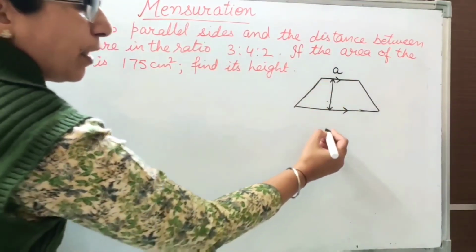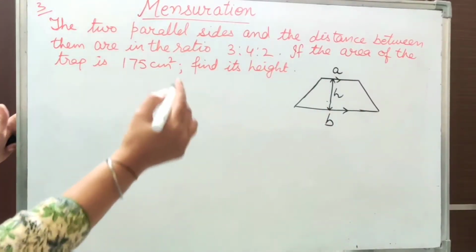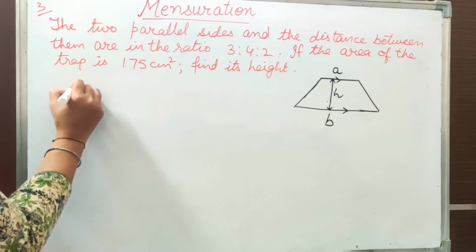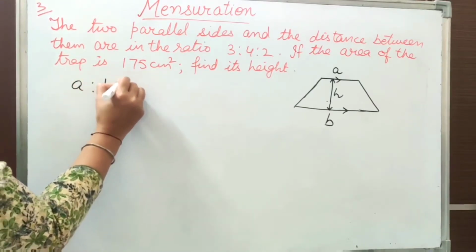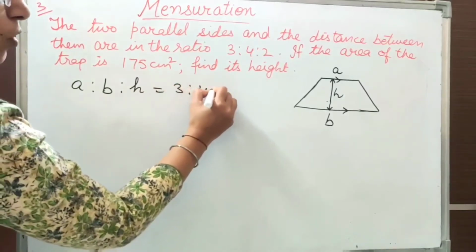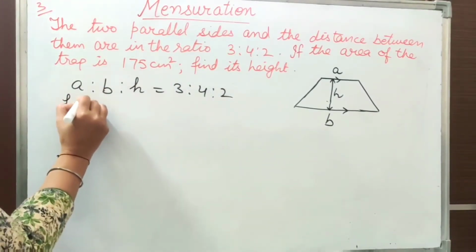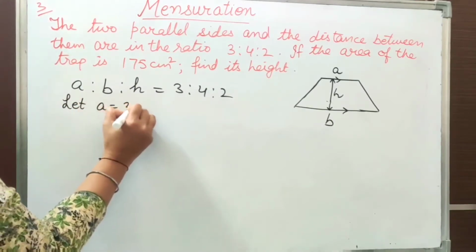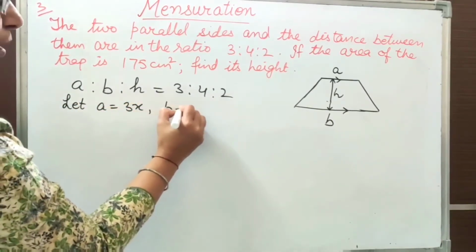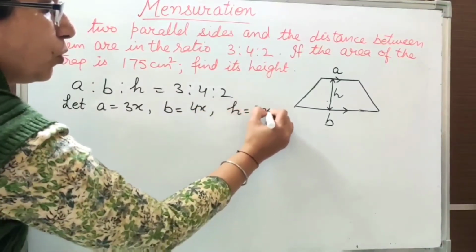This parallel side is A, this parallel side is B, and this is the height. Height is the distance between parallel sides. So A:B:H is equal to 3:4:2. Let A is equal to 3x, B is equal to 4x, and H is equal to 2x.